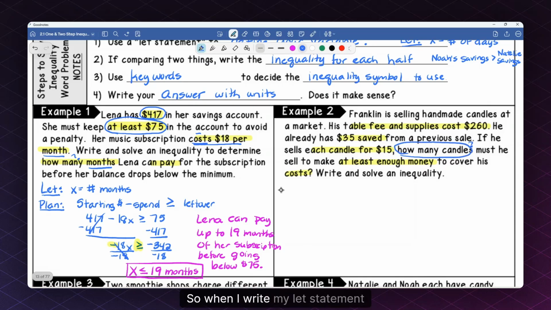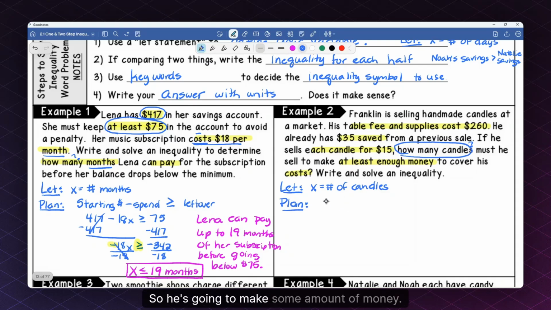So when I write my let statement, in this case, X is going to equal number of candles sold. Okay, that's what that equals. Okay, well, how do we know how many candles he needs to sell? So let's think about what our plan is here.